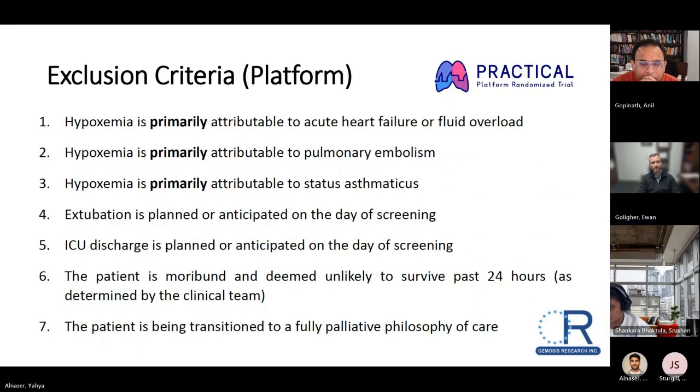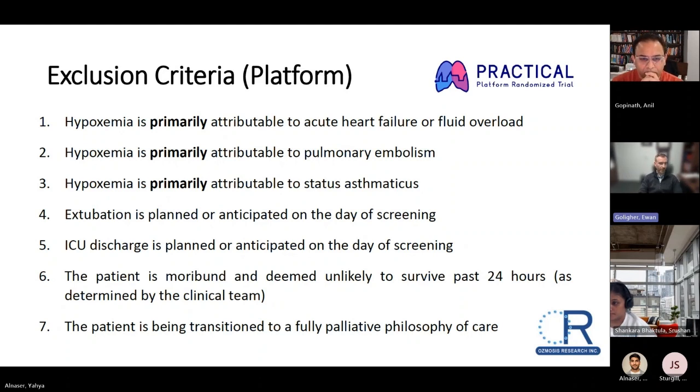Next slide. The exclusion criteria basically try to rule out patients who don't have hypoxemic respiratory failure due to parenchymal lung injury. So if your hypoxemia is likely from heart failure or volume overload, if it's attributable primarily to pulmonary embolism, or if it's mainly from status asthmaticus, then you would be excluded from the platform population.